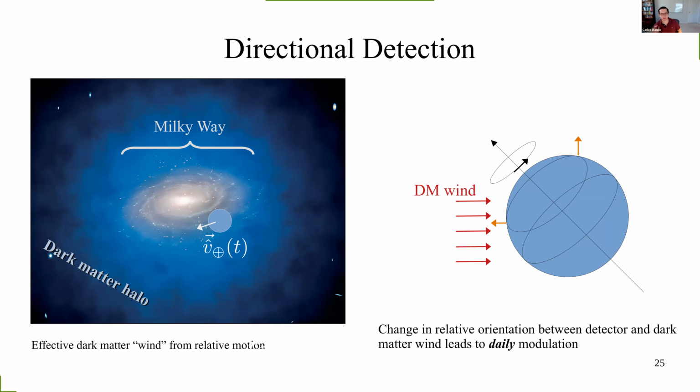Okay, good. This is a really good question because this is a confusion that comes up a lot. The anisotropy that I'm talking about isn't coming from a change in the absolute value of the velocity over time. It's coming from a change in the direction of the dark matter wind over time. The dark matter is still traveling at roughly 300 kilometers per second. It's just coming from a direction that changes throughout the day.